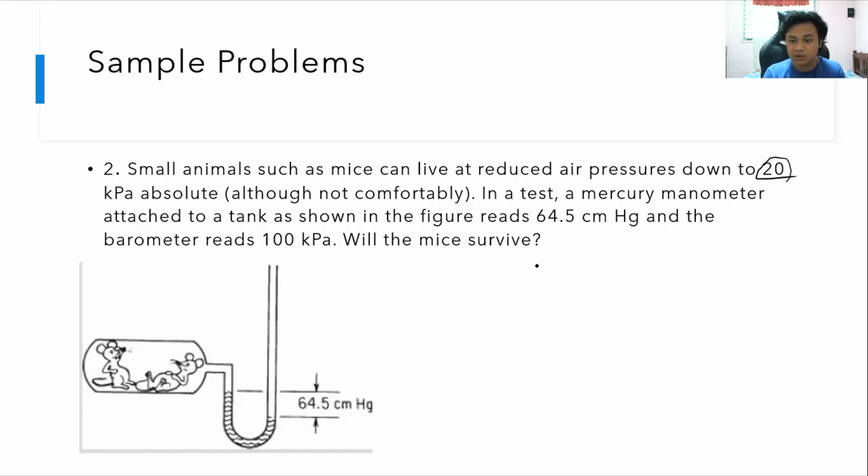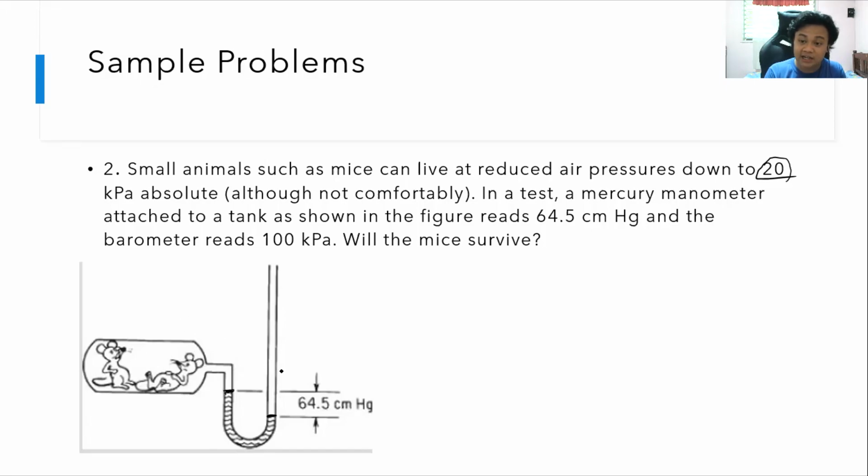So question, will we add the pressure or will we subtract? As you can see here, there is a convention. If you take your reference point, for example on the right, it is lower than the left, meaning the atmospheric pressure is higher than the pressure inside.